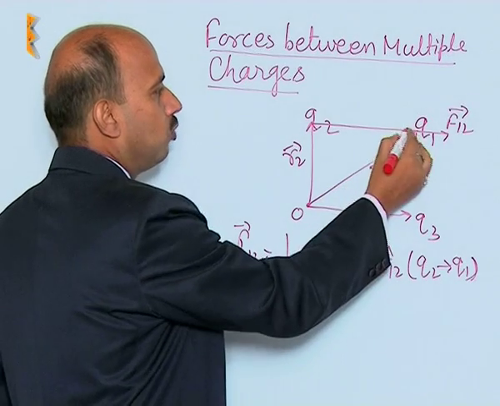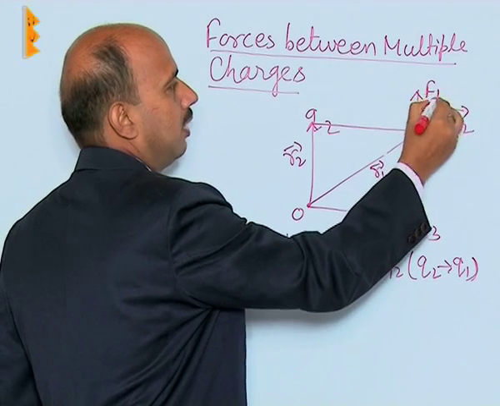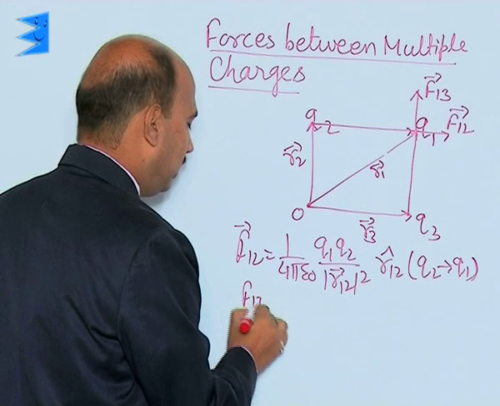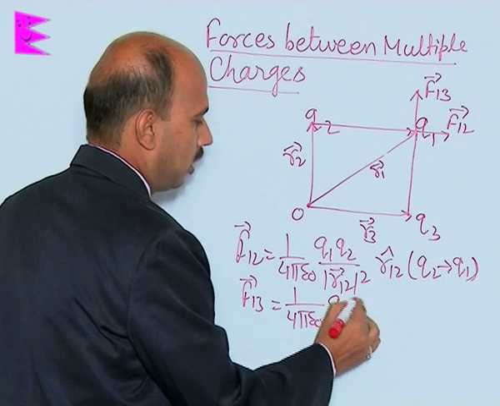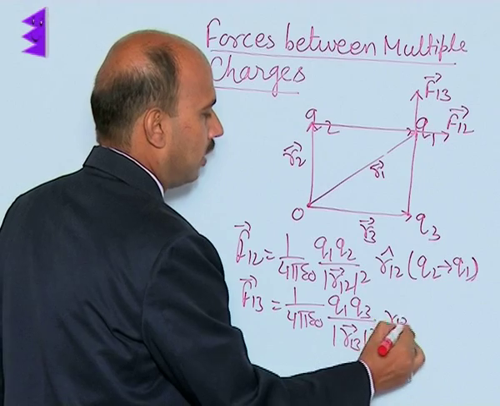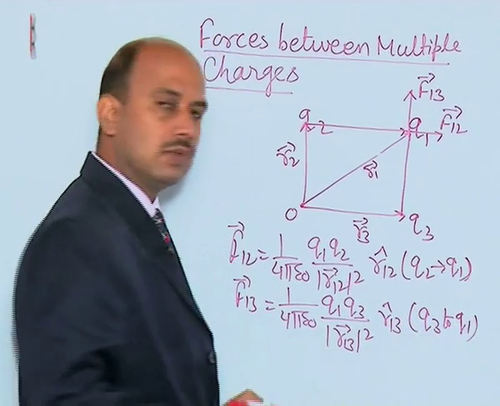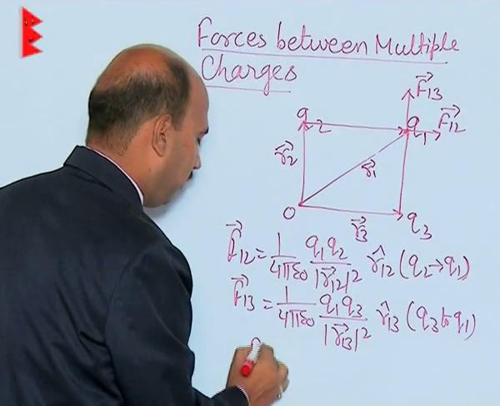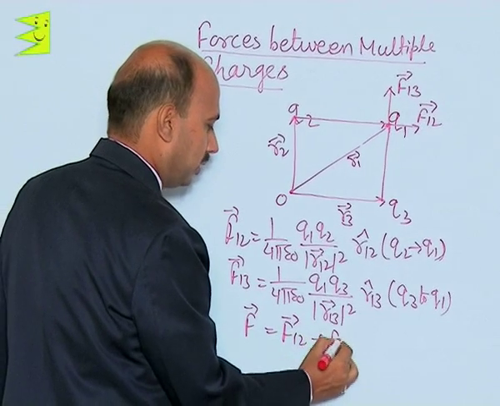Similarly, we can take force on 1 due to 3 and it will be to this side, that is F13. So we can write F13 is equal to 1 upon 4 pi epsilon naught q1 q3 divided by r13 square, r13 unit vector. Direction is from q3 to q1. So the total force on q1 is given by F is equal to F12 plus F13.